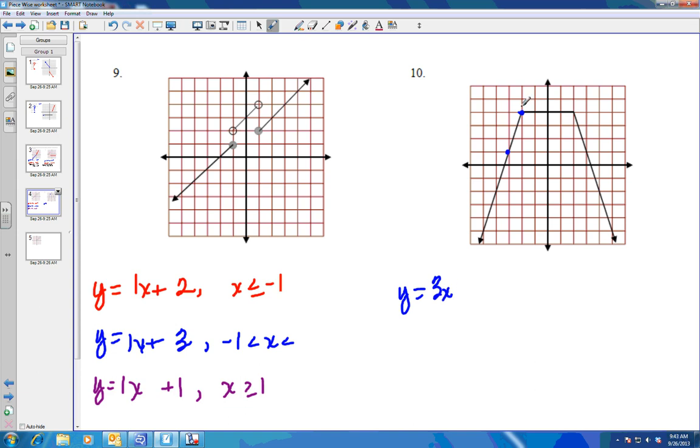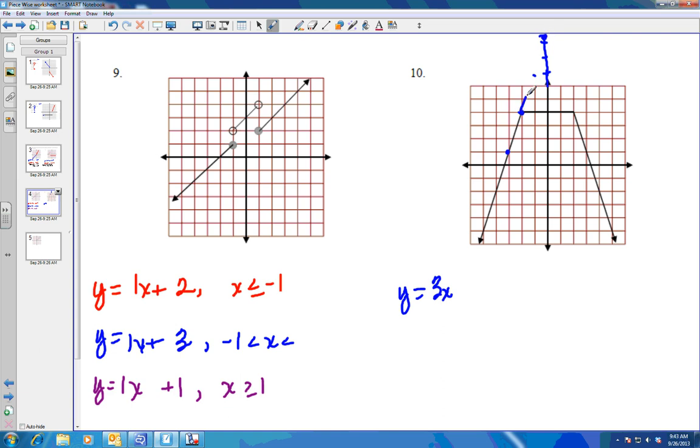So if I go up 3, 1, 2, 3, if I extend this out, 1, 2, 3 over 1. Do you see?